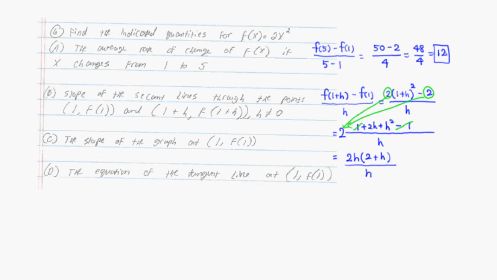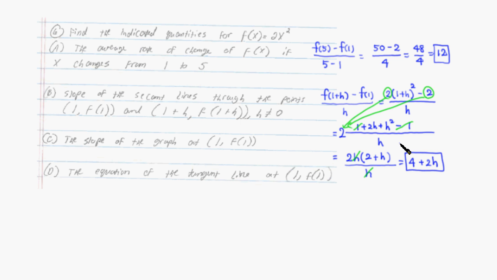We have a common factor on top and bottom, so we can cancel those. Multiplying out, 2 times 2 is 4, and 2 times h is 2h. So 4 plus 2h is the expression for the slope of the secant line.